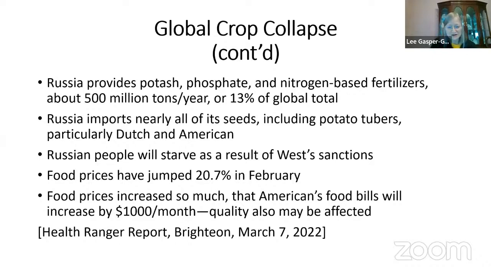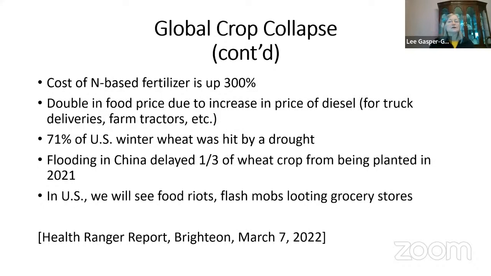Food prices have jumped by 20.7% in February alone. Food prices have increased so much that it's anticipated that Americans' food bills will increase by $1,000 per month, and the quality of the food may also be affected. The cost of nitrogen-based fertilizer is up 300%. And there's been a doubling in food price due to the increase in the price of diesel.